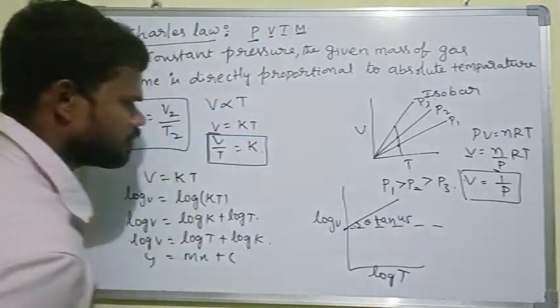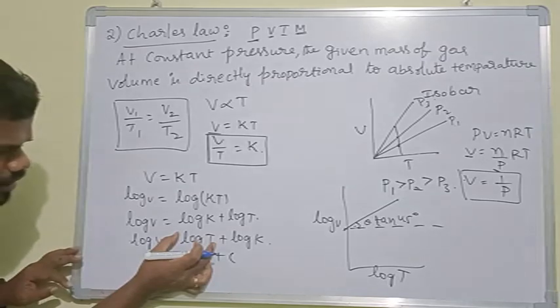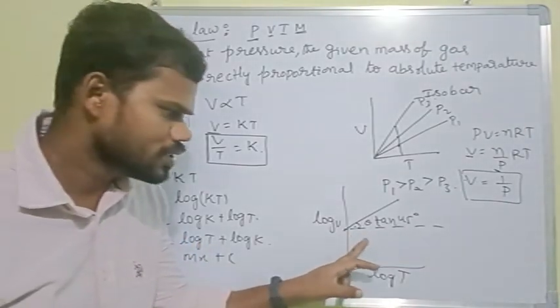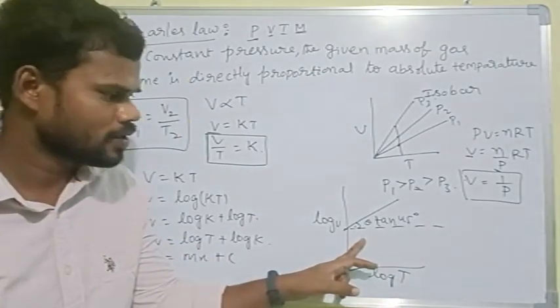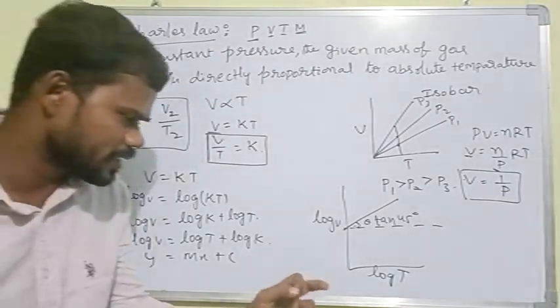Tan 45 is nothing but 1. So for log T we get a positive slope only. Positive slope means we will get a graph like this, and this is the graphical representation.